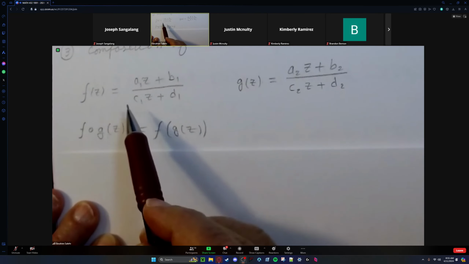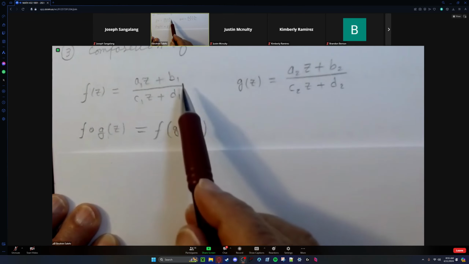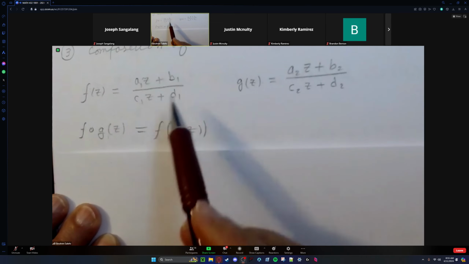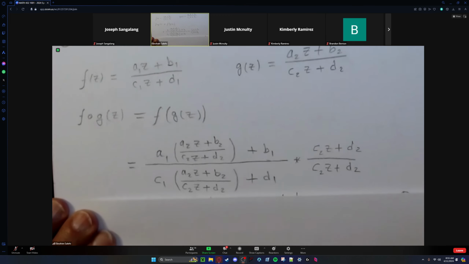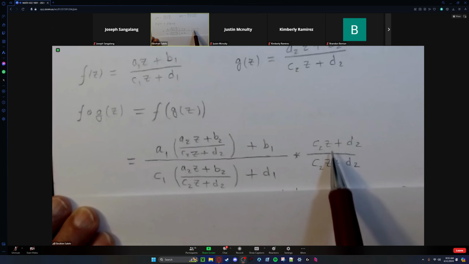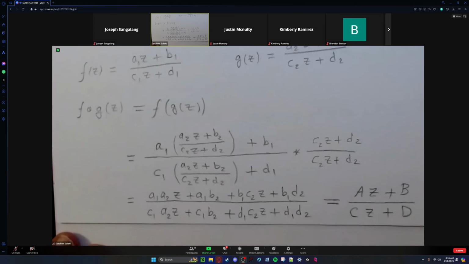So in F, you have A1 times this plus B1, then C1 times again this plus D1. Here we go. Well, to simplify, I'm going to multiply by this denominator and divide by the same denominator. If we go ahead and simplify, this is what we get, right?